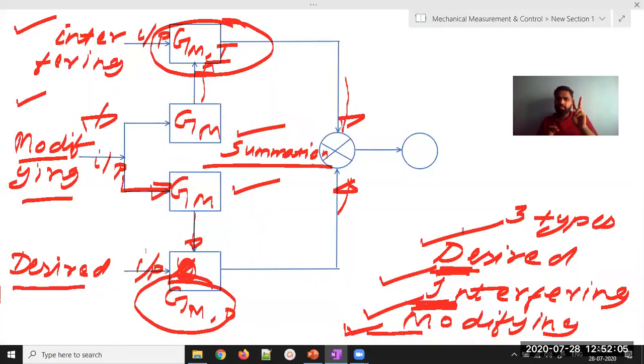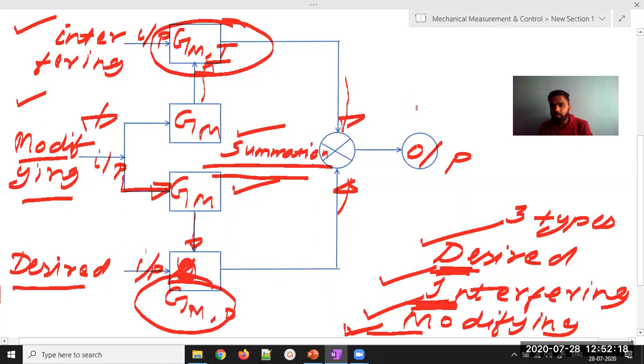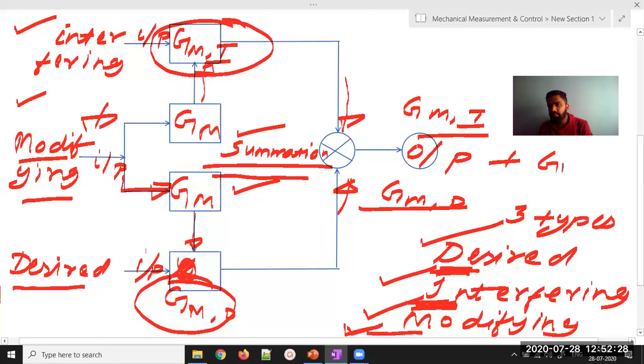Now two signals remain, one interfering and one desired, and they will be in the output of the system. Both signals are getting summed up here, so my output will be GMI plus GMD.